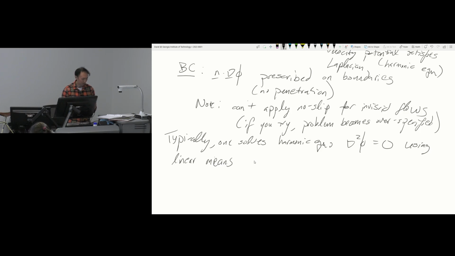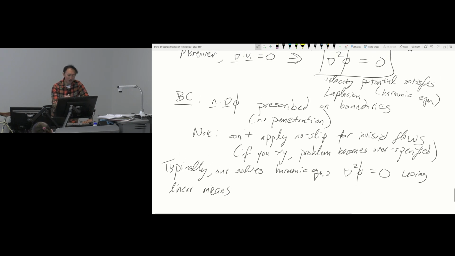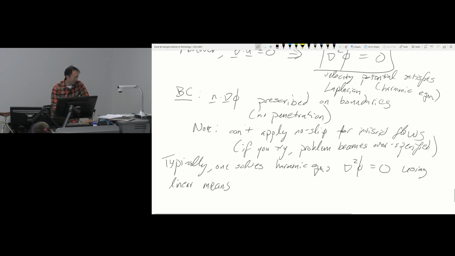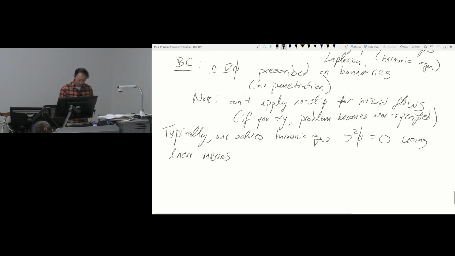A couple things pop out of this idea that del squared phi equals 0, it's a homogeneous equation. It also means if phi 1 is a solution, then phi 1 plus phi 2 is a solution. They call this equation linear because you can generate new solutions just by adding velocities, by adding potentials. So linear means basically those are ways to solve linear equations.